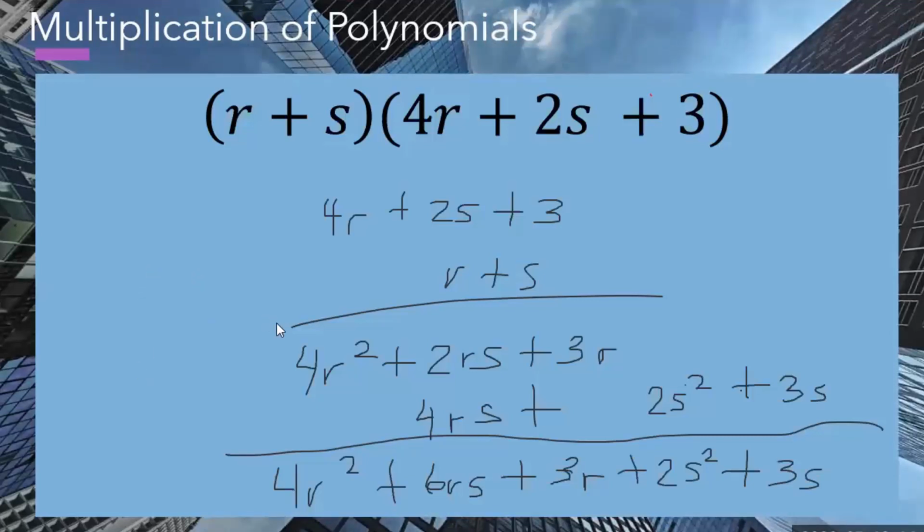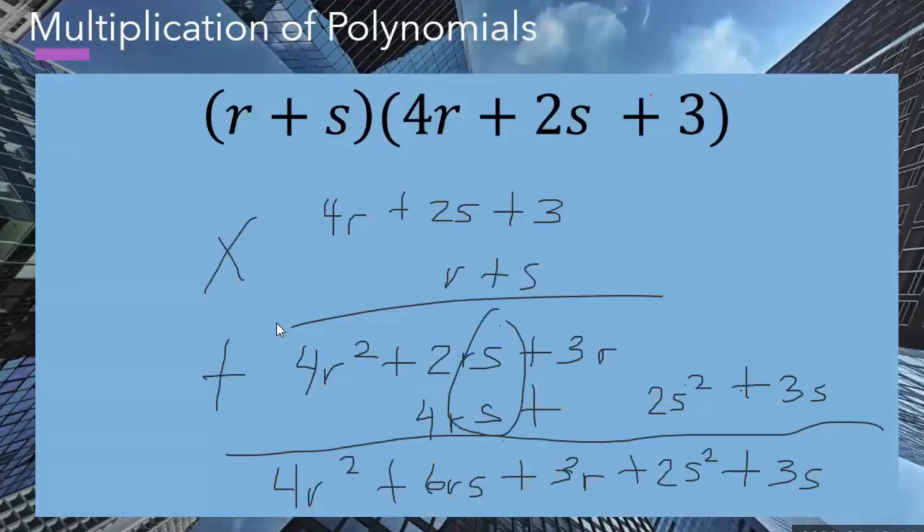Okay, let me see. 4r squared. Okay, don't forget to put the operation. Okay, para hindi ka malito. 3r, 4s. Okay, so inalign mo siya dito dahil pareho naman sila ng literal coefficient. And then, 2s squared. Very good. Then 3x. Okay, very good. Next.